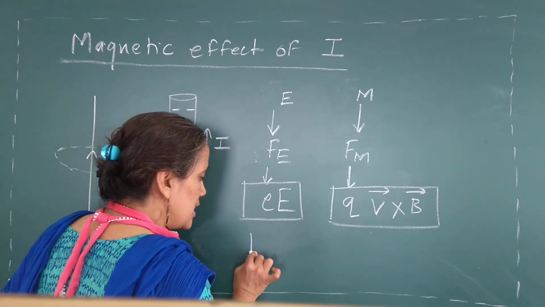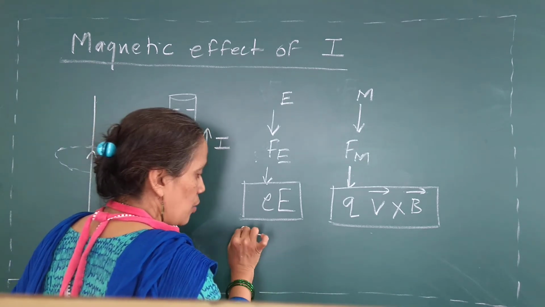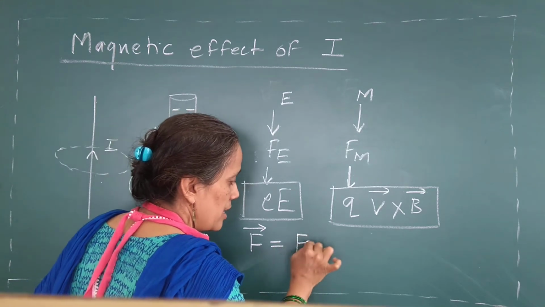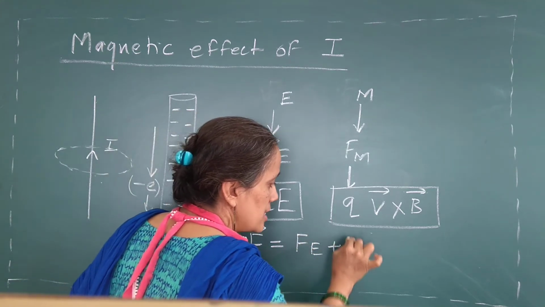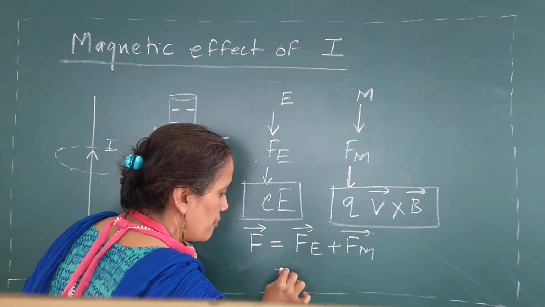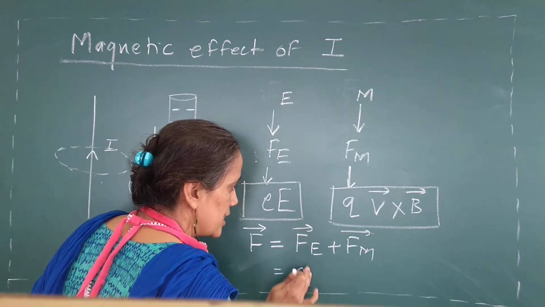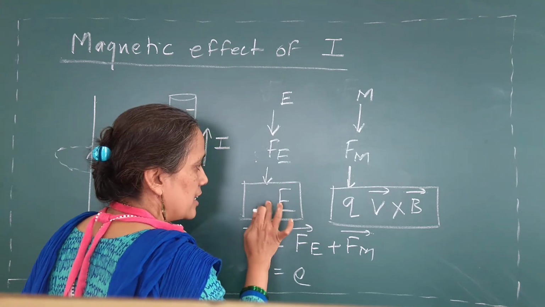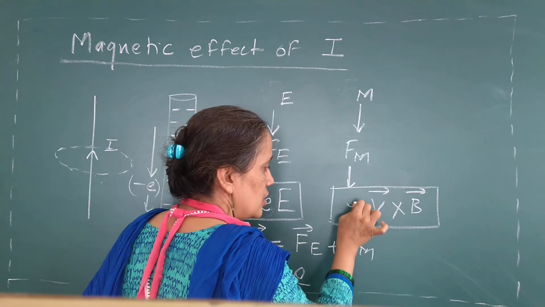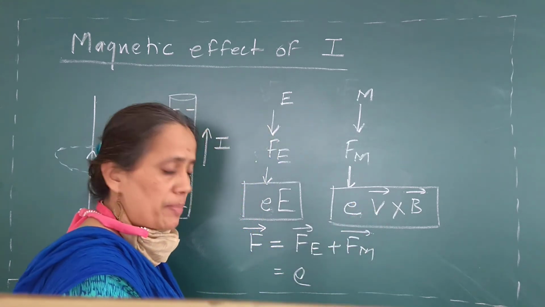Together with these two forces, the force acting on a current carrying conductor will be Fe plus Fm. Where this Fe can be written as, if e is the charge on the electron, then here also the charge Q will be replaced by e.